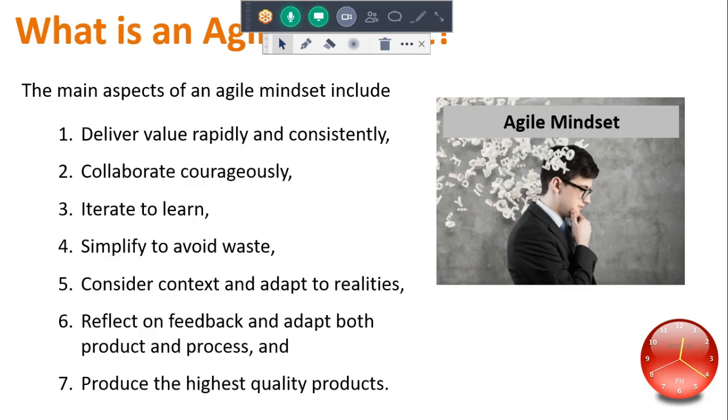Just take a look through them, read through them, and think about how they apply in your particular circumstance. Is this what you guys are doing? Is this what you guys are sort of tasked with? Is this what your organization is trying to do? If these are the kinds of things that your organization is trying to do, then your organization is trying to become agile.